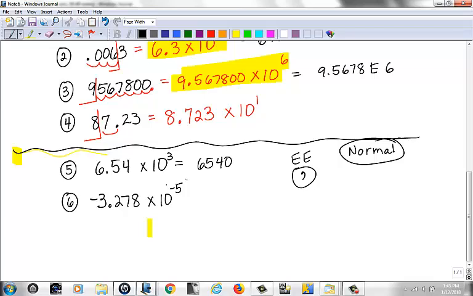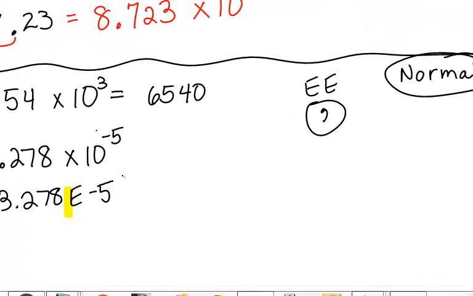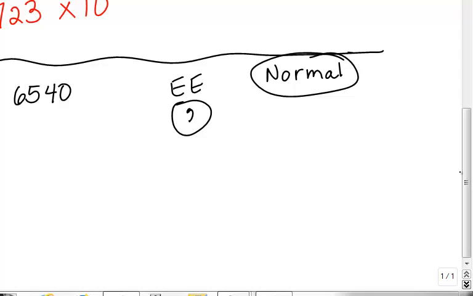Negative 3.278, and then you need to go second function, the EE, and I'll just list one E when you write it down, and then negative 5. So it looks like this on the calculator: negative 3.278 E negative 5, and press enter.